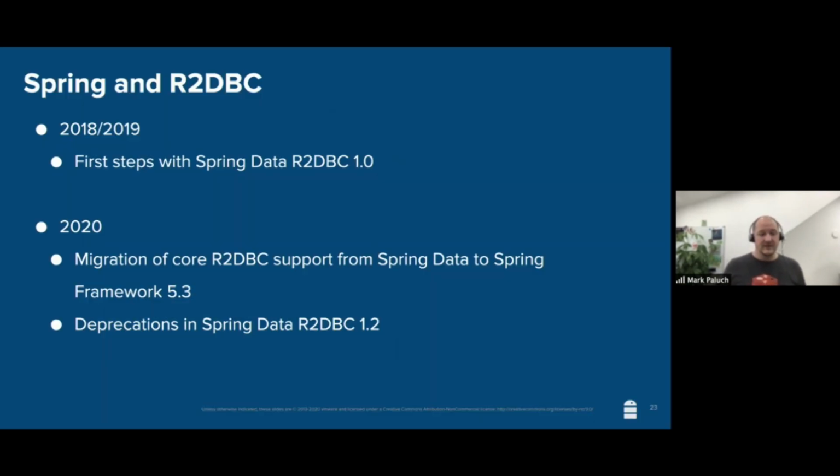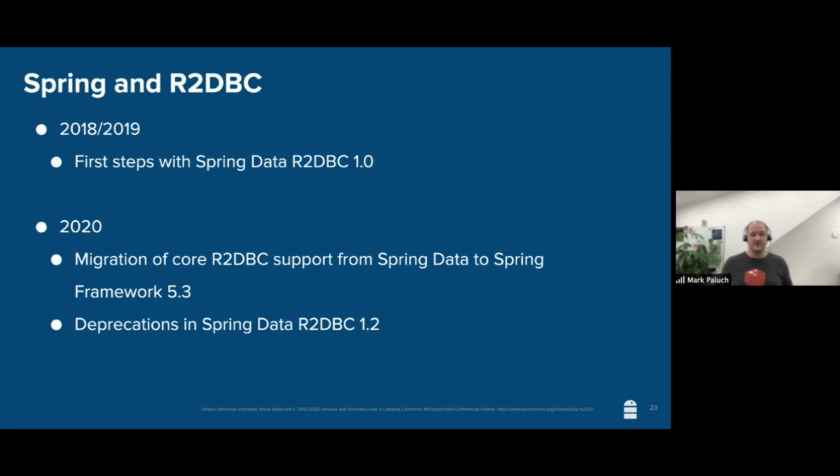Spring is a pretty good place to begin your R2DBC story, since we have made the first steps already. So you could say Spring loves R2DBC. We started as early as 2018 with the initial steps to check whether R2DBC has a place in the production world, whether it's a weird idea that needs to be discarded, or whether that's something where we can start building our applications on.